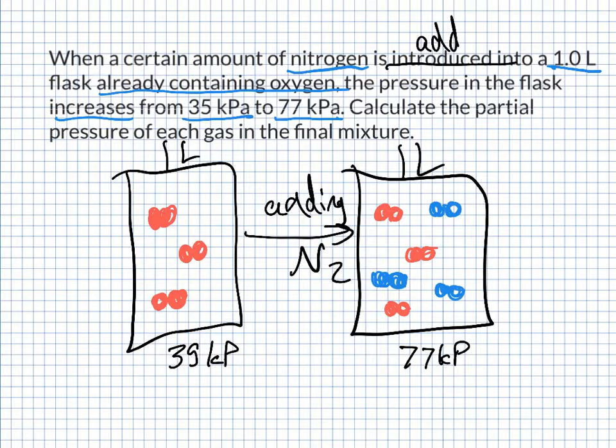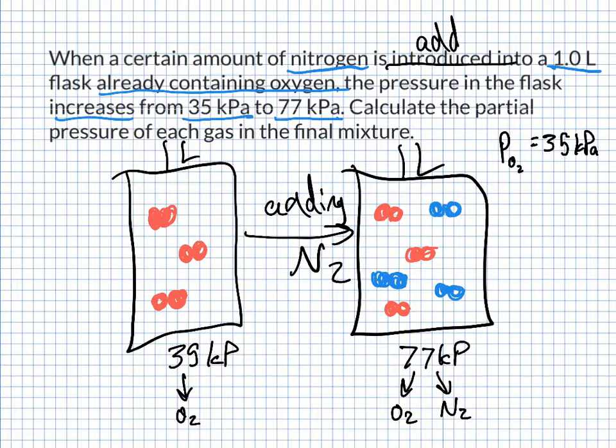So I went from 35 up to 77. Well, what was the 35 and what was the 77? The 77 is a mixture of oxygen and nitrogen. The 35 is simply only oxygen because that's all that is in that container. So my pressure of oxygen is equal to 35 kilopascals because that was what was initially in the container.